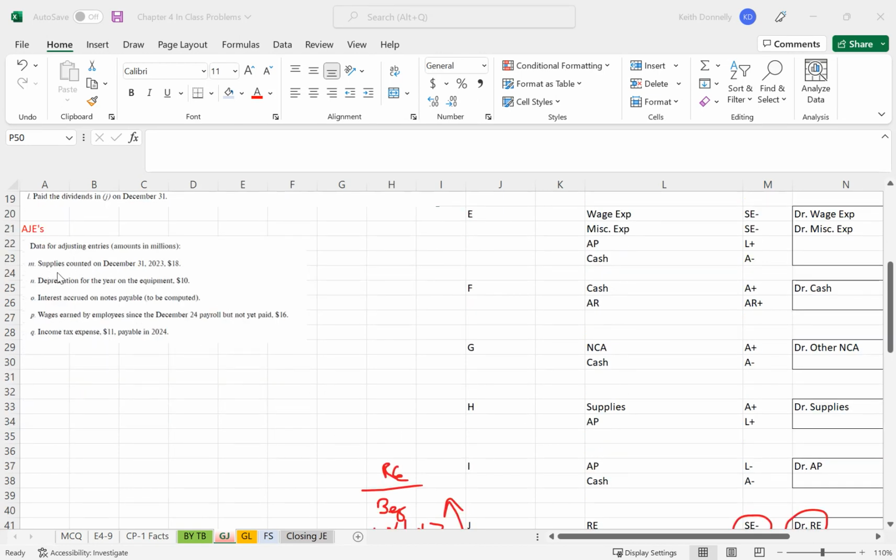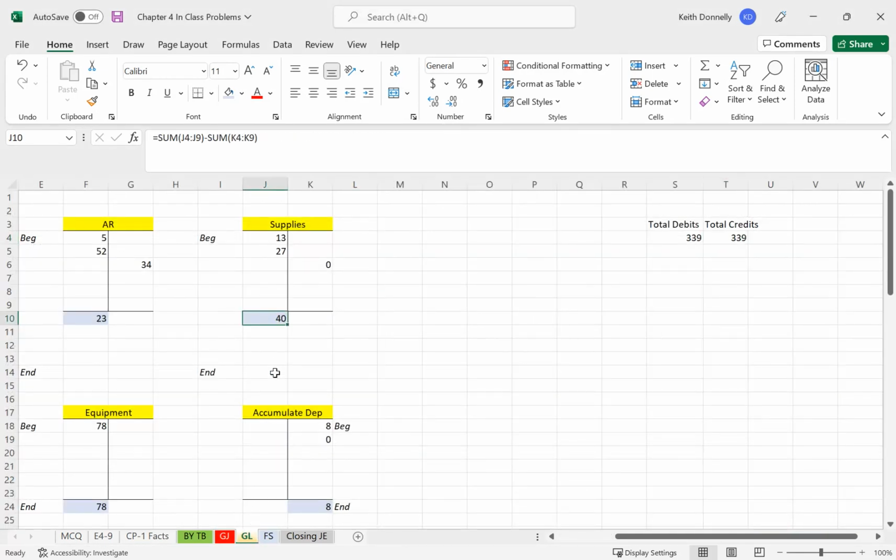The first one says M, supplies counted on December 31st were $18. So what they're saying here is, if we go over to our general ledger, at the end of the period, some time has passed, we're at $18 here. They want to know how many supplies did we use. If we started with 13, we added 27, how many did we use such that we ended at 18? That's simple arithmetic, you're going to solve for the x.